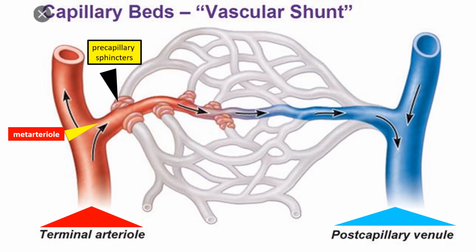When this sphincter contracts, it is going to supply less blood to the capillaries, and it is going to increase the blood pressure. Therefore, this pre-capillary sphincter controls how much blood is going into the capillaries.